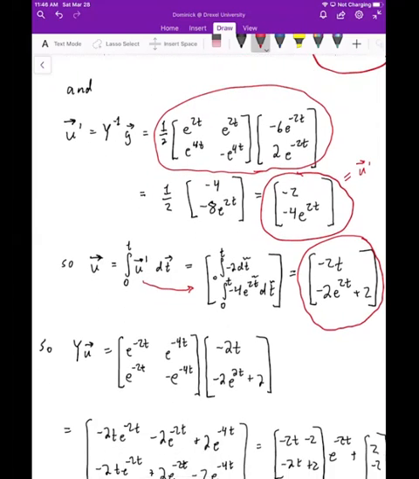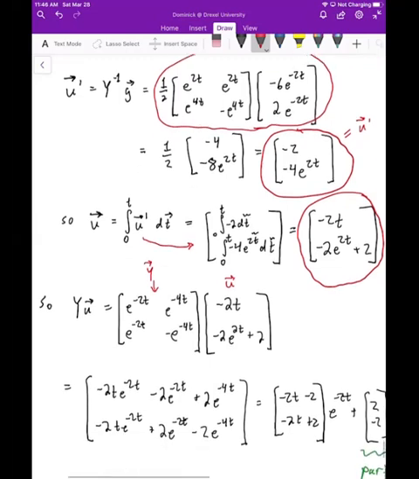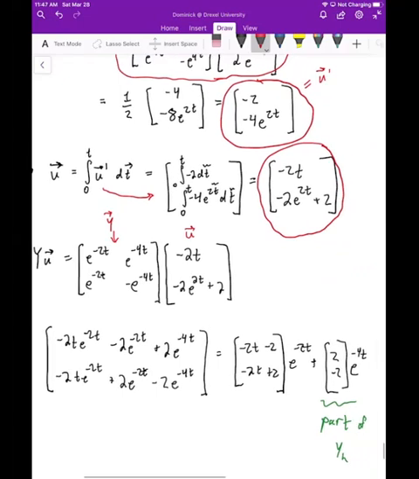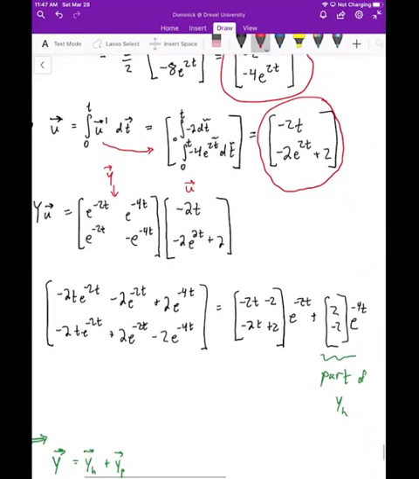This was our original basis of solutions y for the homogeneous version, and we're multiplying that by our u vector here. And this is going to allow us to get our particular solution, which if we multiply this all through, we'll get this here.